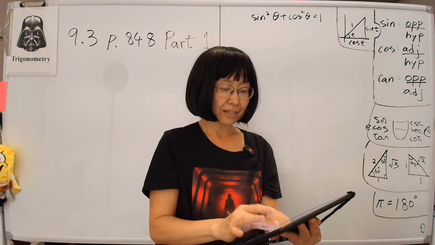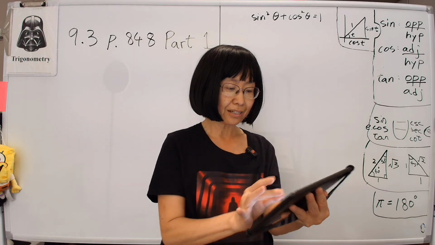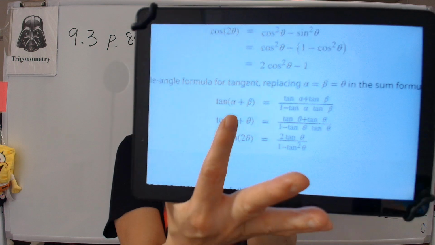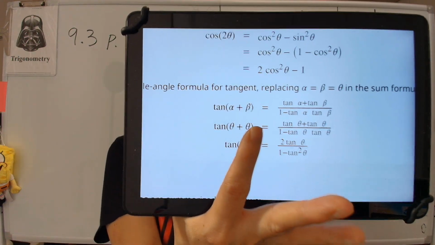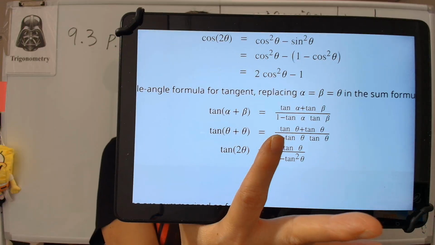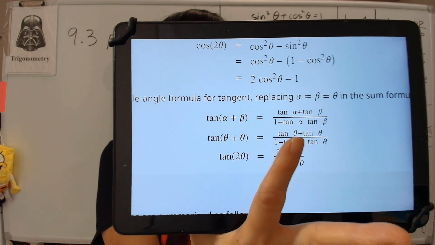Now the last thing we're going to do is the tangent formula. How does tangent work? The sum formula for tangent: tangent of alpha plus beta is tangent alpha plus tangent beta, divided by 1 minus tangent alpha times tangent beta. That's multiplication there.